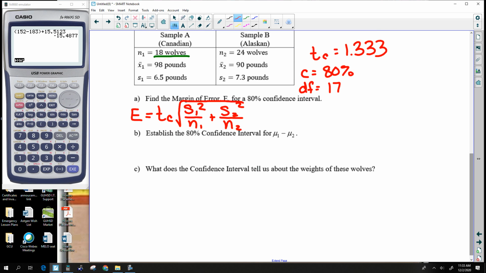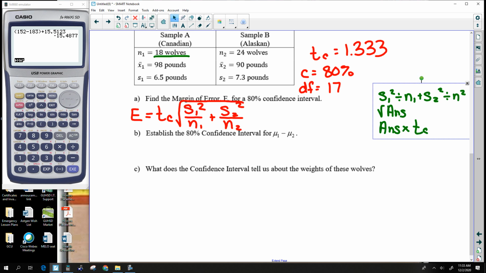Okay, we now have all the necessary information to find our margin of error. Similar to what we did before, we can almost type this directly in. So I begin with the inside, so I'll take s1 squared divided by n1 plus s2 squared divided by n2. That is on the inside of the square root, so I handle that next. And then I ultimately need to multiply, in this case, by tc. Okay, and that will get me the margin of error. So let's go ahead and do that.